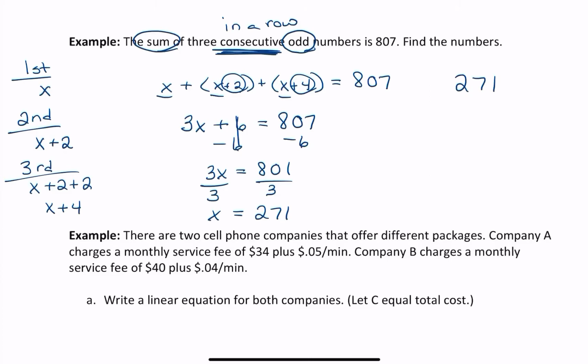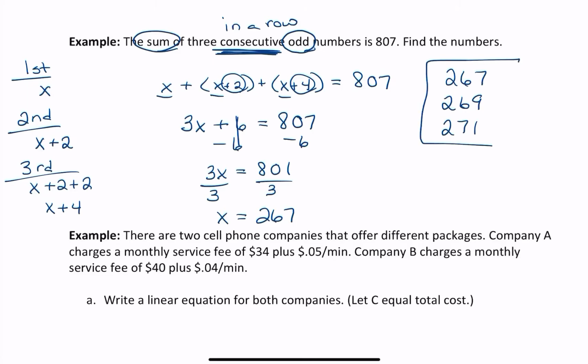And then the next consecutive odd number would be 2 more than that. Oh, I'm sorry. That's not 271. I was jumping ahead. That's actually 267. So my first odd number is 267, which means the next one would be 2 more, 269, and then the next one would be 271.